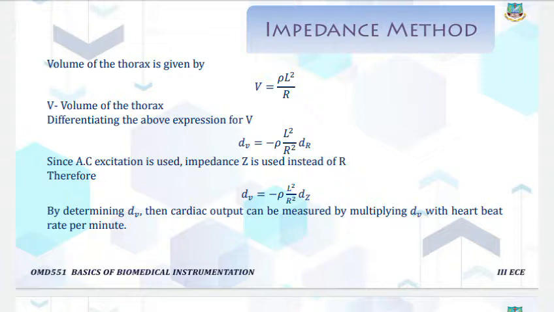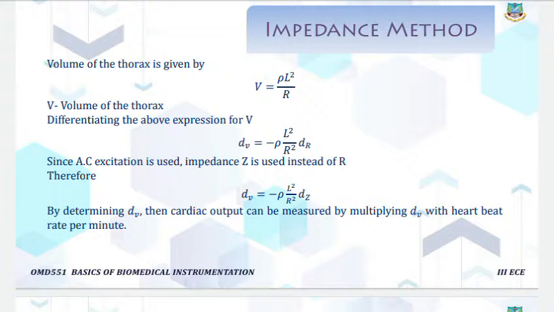By determining dV, the cardiac output can be measured by multiplying dV with the heart rate per minute.